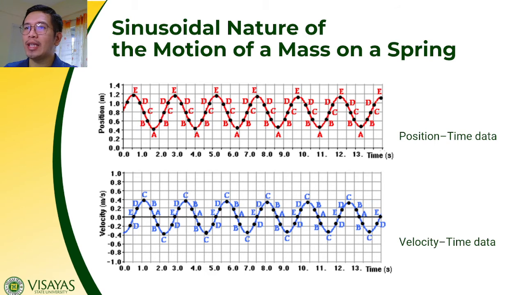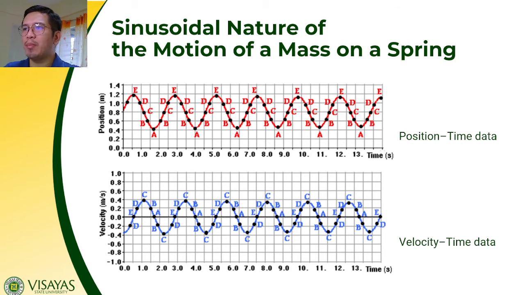Observe that the velocity-time plot for the mass on a spring is also a sinusoidal shape plot. The only difference between the position-time and the velocity-time plots is that one is shifted 1/4 of a cycle.